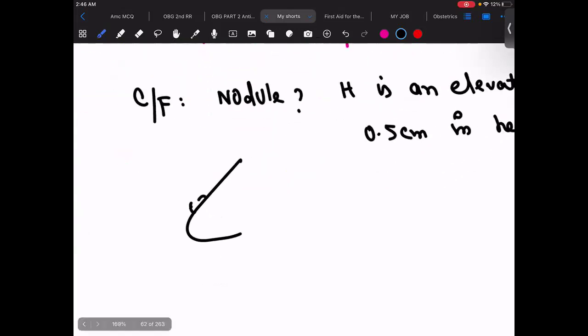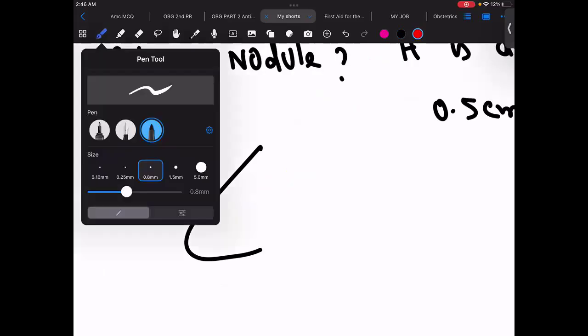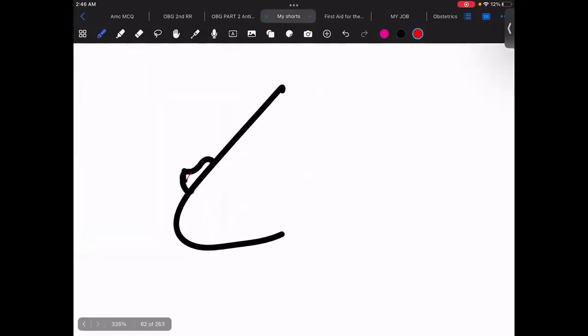And if we zoom in here, this nodule has very small blood vessels in it. They are basically small dilated veins, and the size of these dilated veins is less than 1 mm.